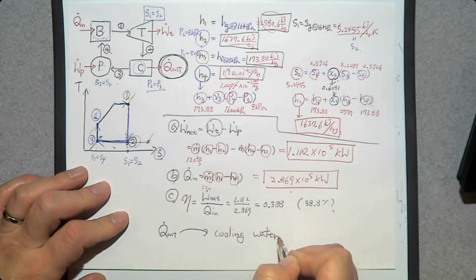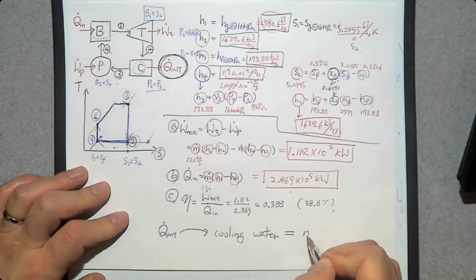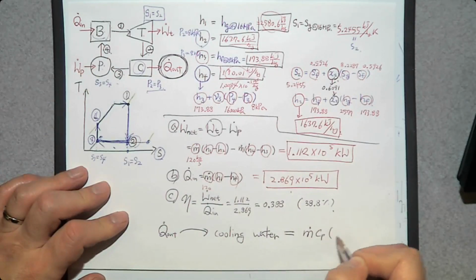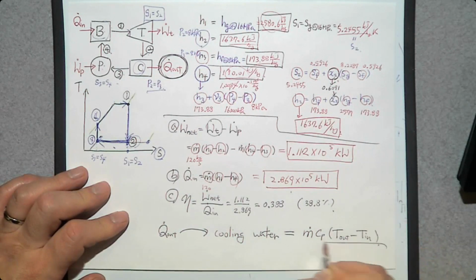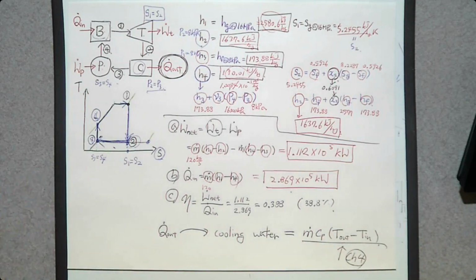Then how much is the energy change of the cooling water? M dot times specific heat times temperature difference, T out minus T in, which is the equation that we studied in chapter 4, right? For the heat exchanger. That's the problem in number 2 of your second exam, right?